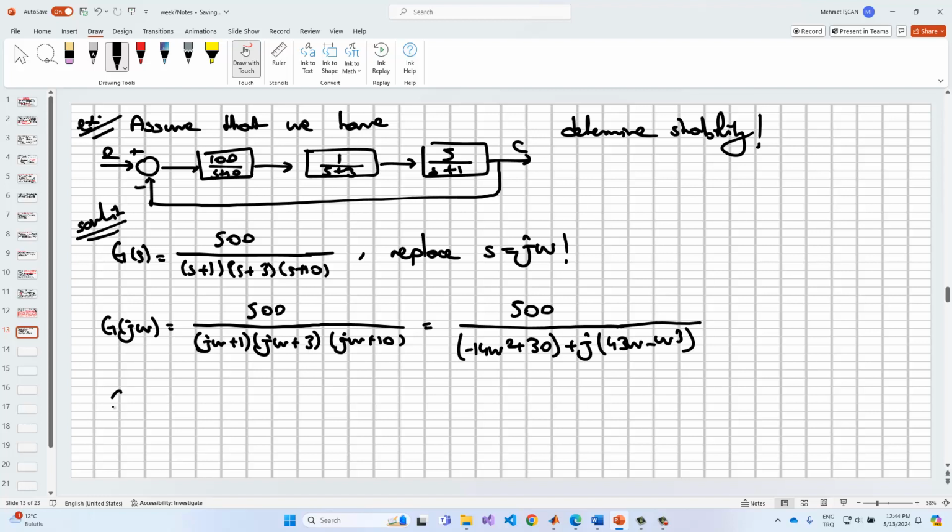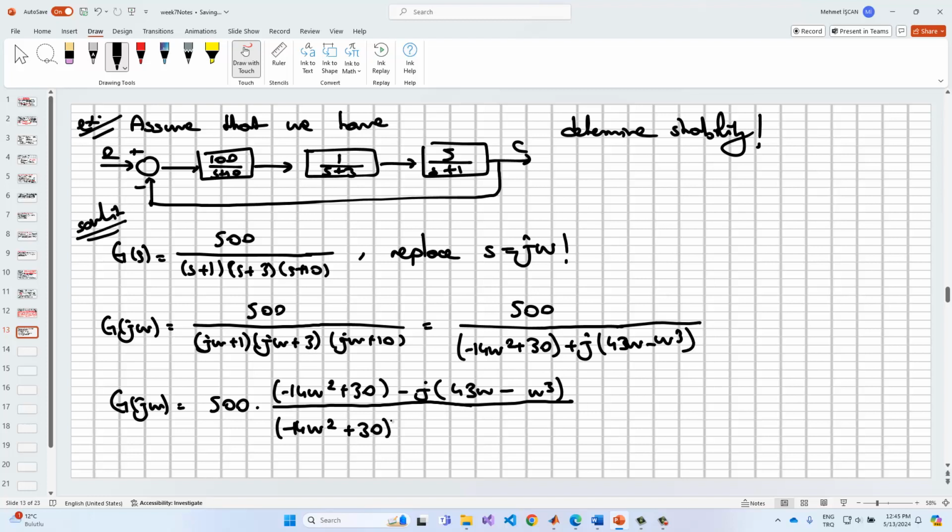So in the complex conjugate form we get the coefficients 500 times (30 minus 14ω²) minus j(43ω minus ω³), over (30 minus 14ω²)² plus (43ω minus ω³)².